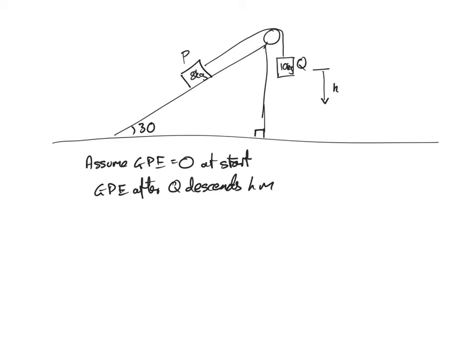Well, we've got some gain in potential energy for this one, so it's moved h along here. So in terms of its GPE, it will have gained 8 times g times h sine 30, and it will have lost 10 g h.